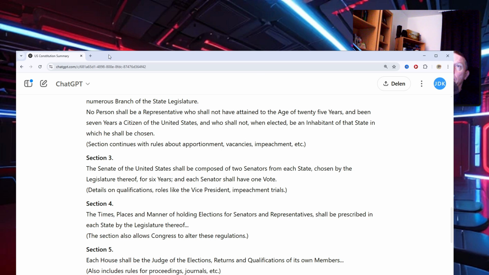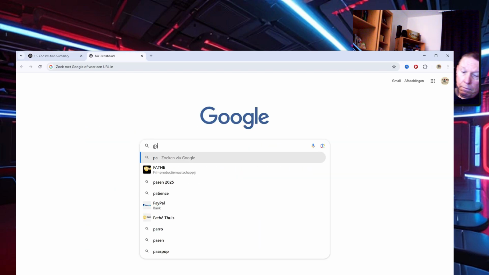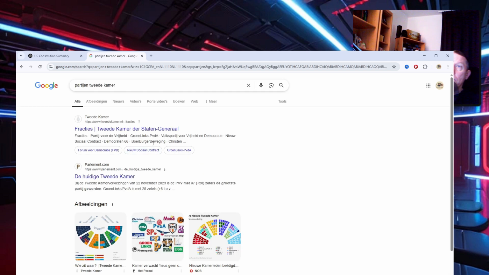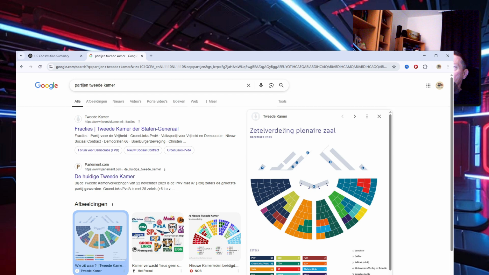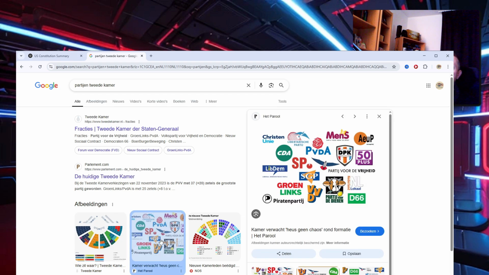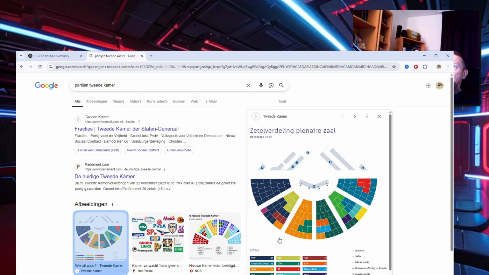I'm not sure, let me take a look. Yeah, for the moment, if I'm correct, we've got 15 different parties in the second chamber. And so you need to get the majority of the chamber, which means 75 plus 1, to get a law passed, or a new rule, or whatever the discussion is, or what they call the bills about the money spending.